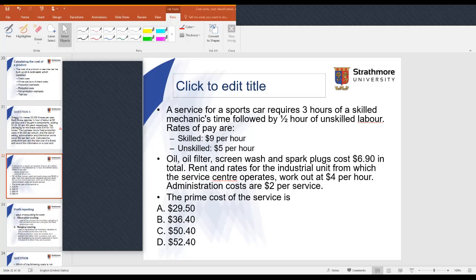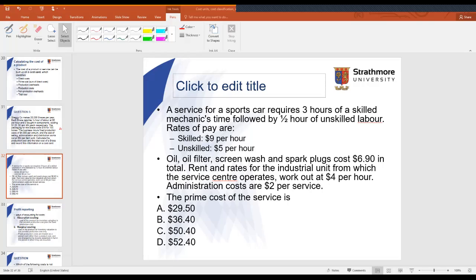Marvin, what do you have? 52.40. And Jenga, what do you have? 50.40. Okay, so you see we have two answers here. Hamida, what do you have? 52.40. Okay, that's the time to read together.